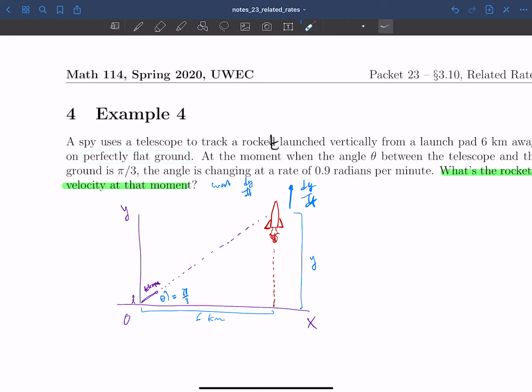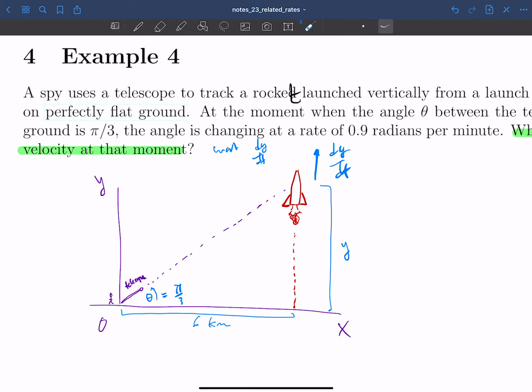As the rocket increases its height, this angle is going to go up, right? When the rocket is way up here, the angle has to be there. And when the rocket's down here, the angle isn't very high up. So as the rocket goes up, that angle goes up too. So I think my labeling of this theta with an arrow was appropriate. That's changing, and that's changing. We drew the action label there.